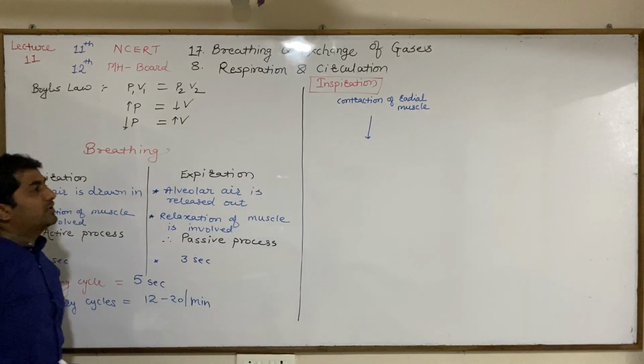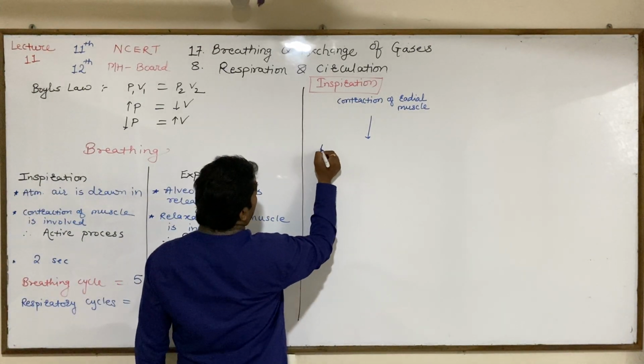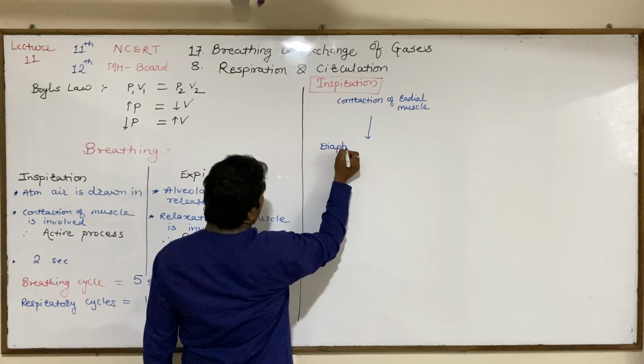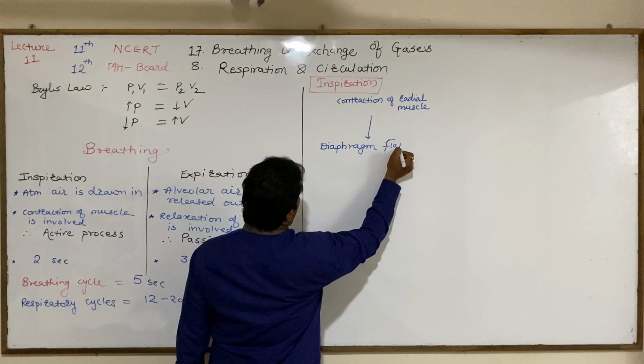What is the effect of radial muscle contraction? It will directly affect the diaphragm, due to which the diaphragm flattens.